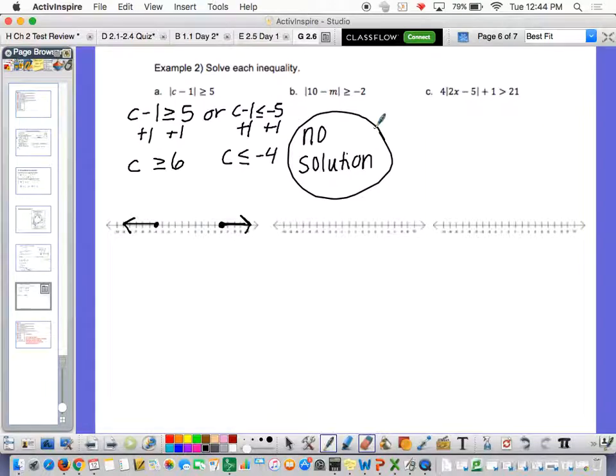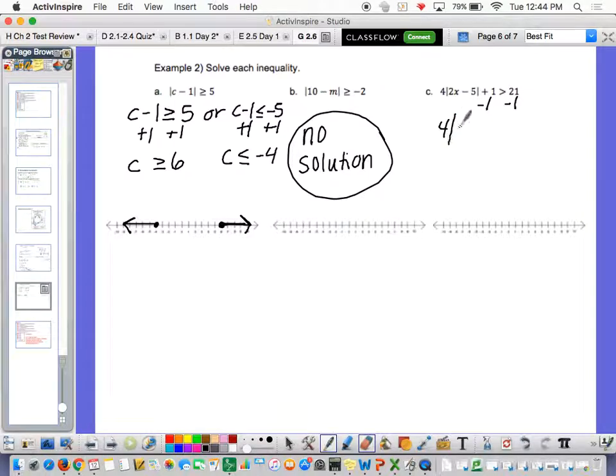On C. C is about as hard as it would get for you. Okay? With C, the reason why it's a little bit more difficult is because the absolute value isn't isolated. So we have to do that first. So we have to get all the things away from the absolute value bar. To do that, we subtract 1, subtract 1.